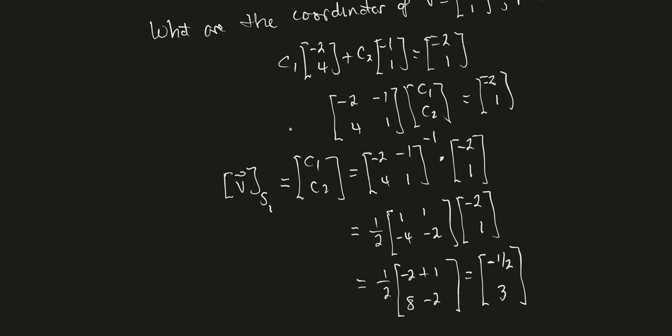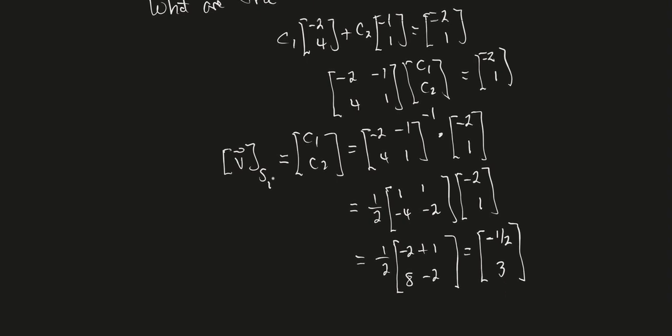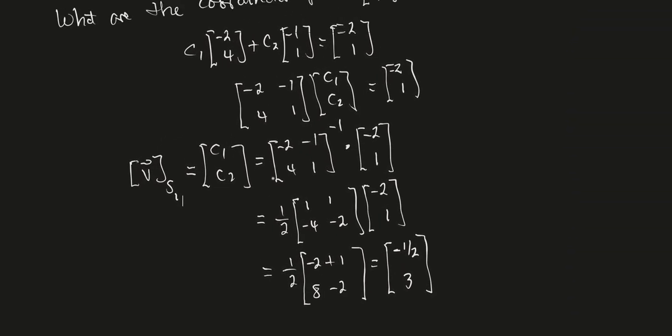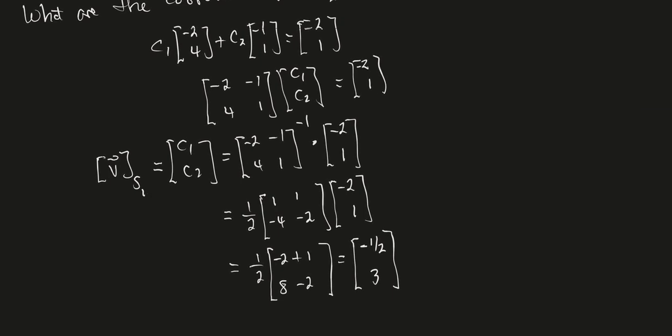And if you have any doubts, you can always check, right? Let's do our check. We do the check off to the side here so we can see everything. Use a different color. So here's our check. If I take this as my C1, so -1/2 times the vector -2, 4, and then plus 3 times the vector -1, 1.